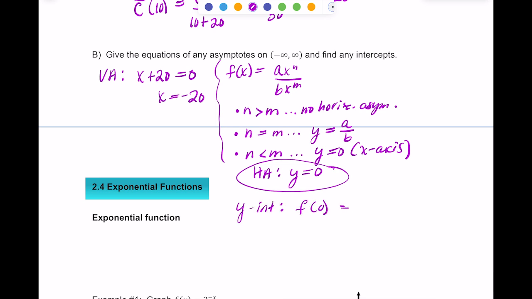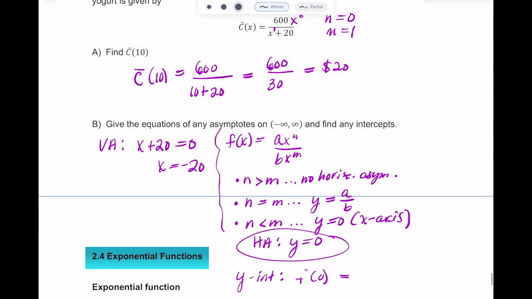Well, in this case, it would be c of 0, right? So I would plug in 0 where there's an x, and you get 600 divided by 20, which is 30. So the y-intercept is going to be 30. Again, there's no x-intercept because the x-axis is the horizontal asymptote, so the graph's never going to intersect the x-axis.